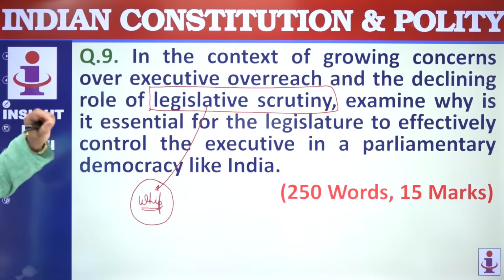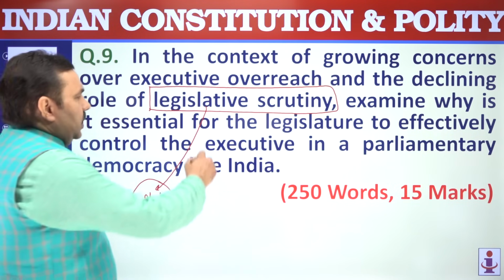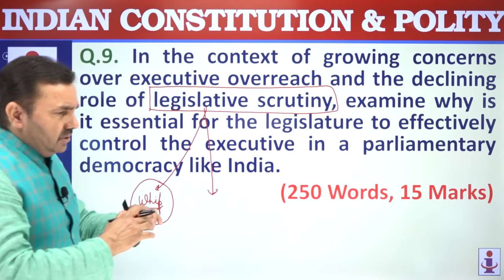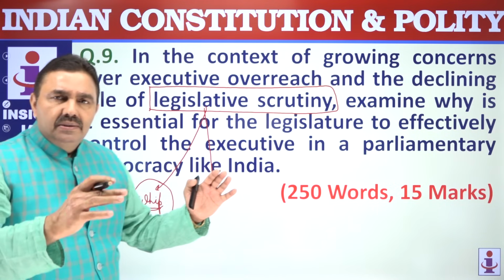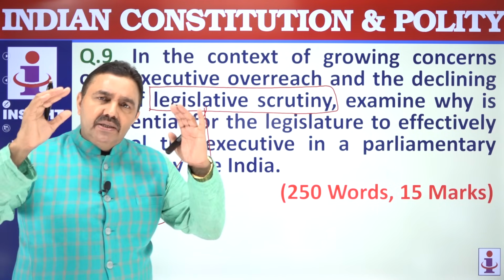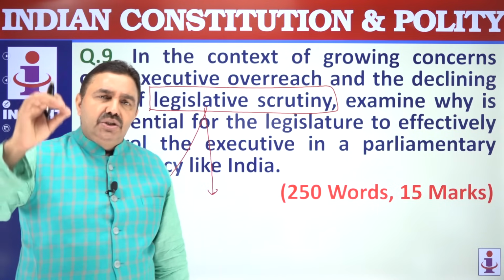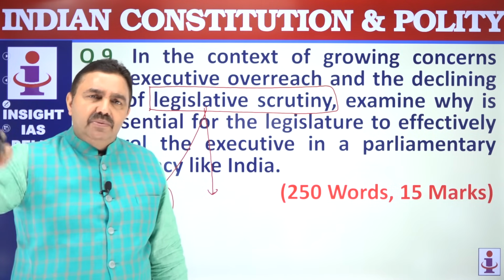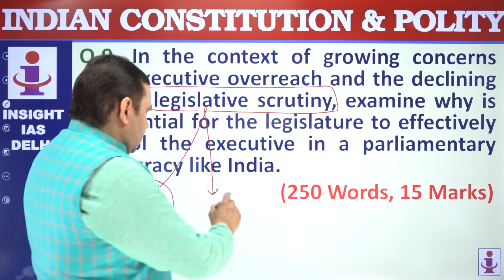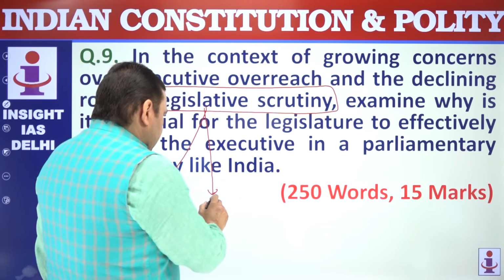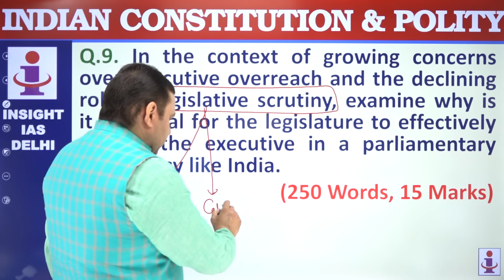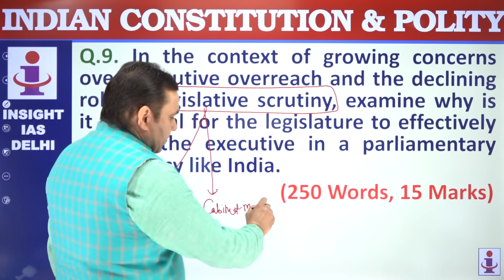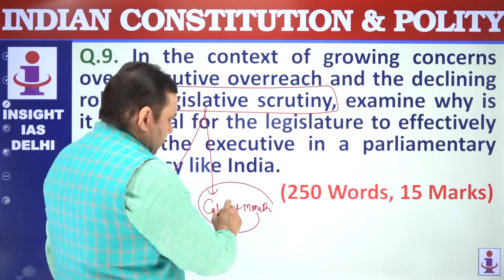So legislative scrutiny is going down because once a party forms government, and if this is not a coalition government, if it is a single party government, then the whip will ensure that everyone follows whatever the cabinet has approved. Now, how the laws are made: a particular cabinet minister proposes a law, prepares a draft.